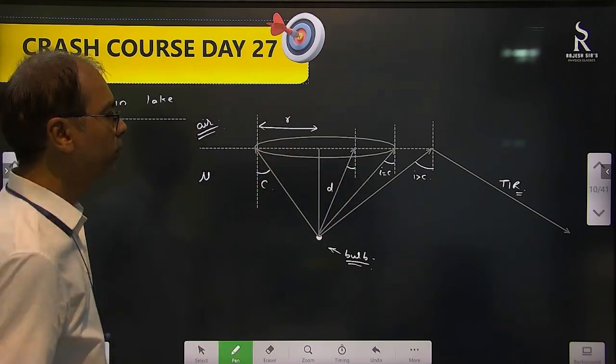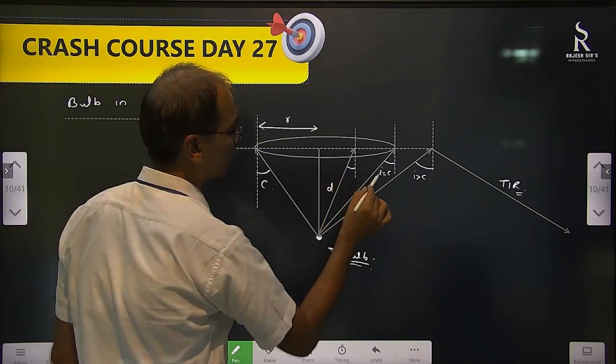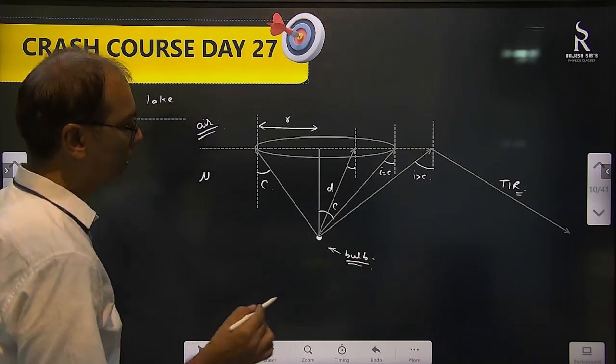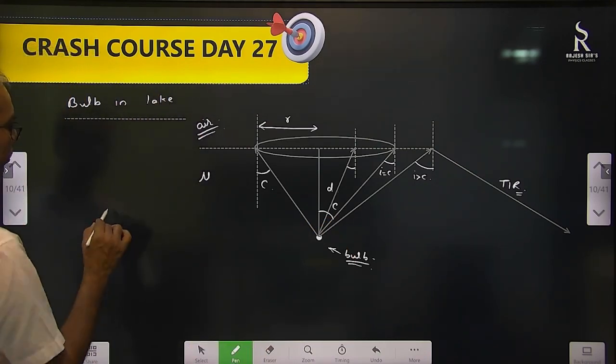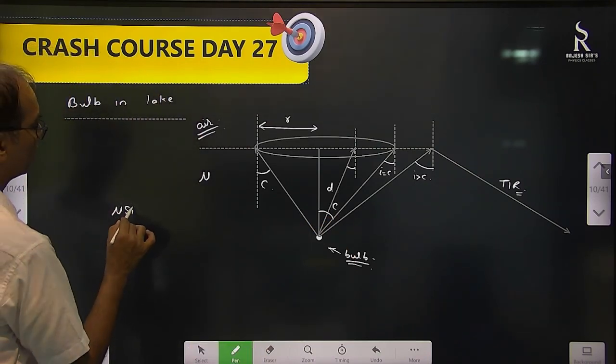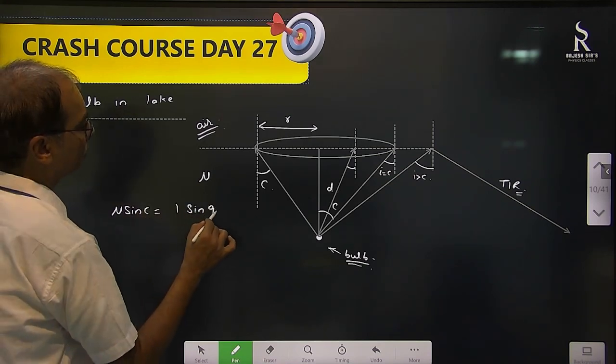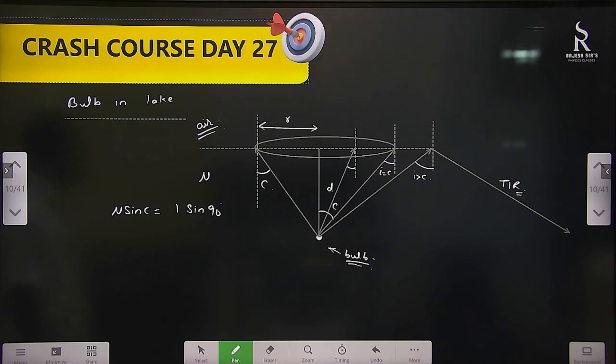So what shall we do? We know that this is the critical angle. If this is the critical angle, this is also the critical angle. The critical angle's value we'll find. What is that? So mu sin C equals 1 sin 90. 1 means the refractive index of air. The refractive index of air we are taking as 1. So mu sin C equals 1 sin 90.